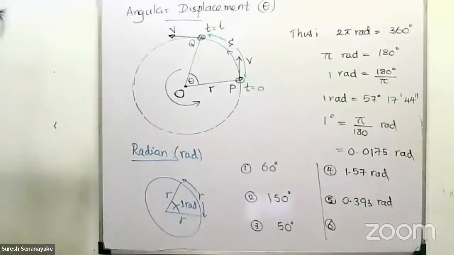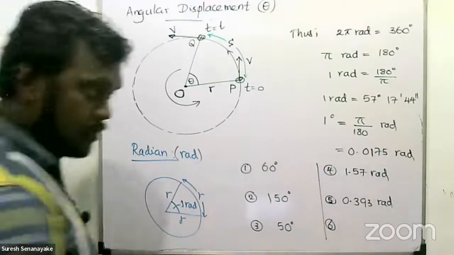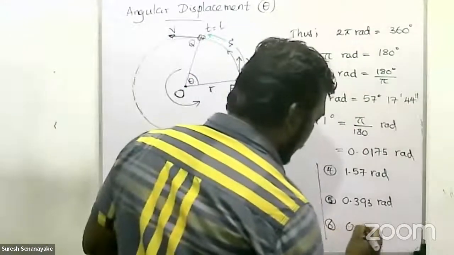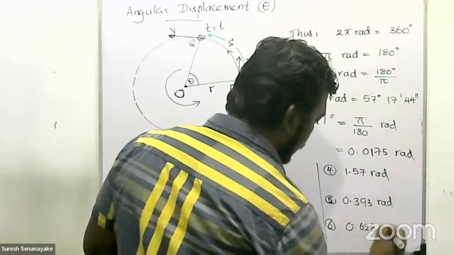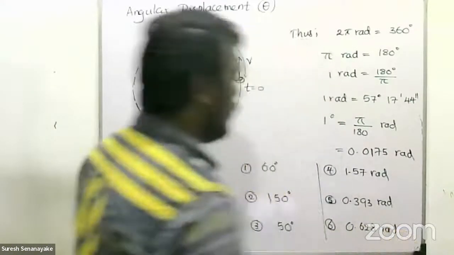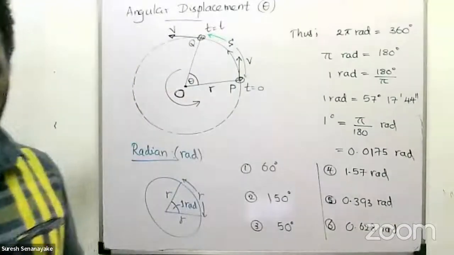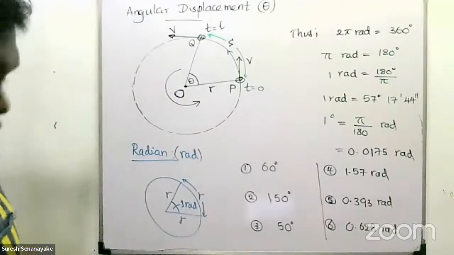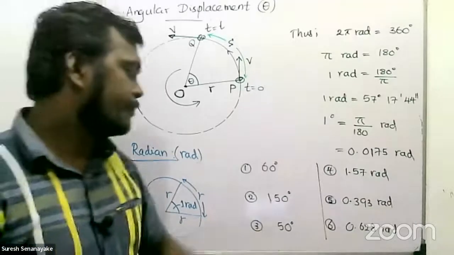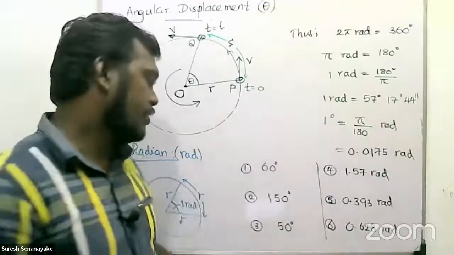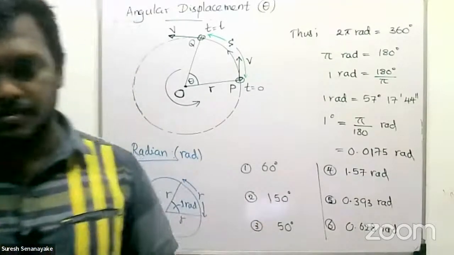And 0.62. Convert these angles to degrees and these angles to radians.